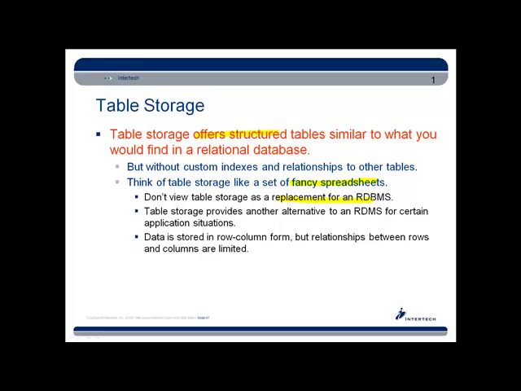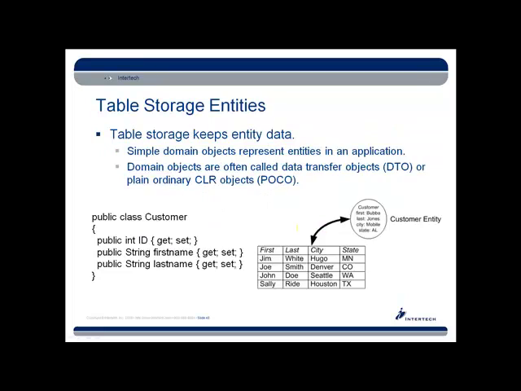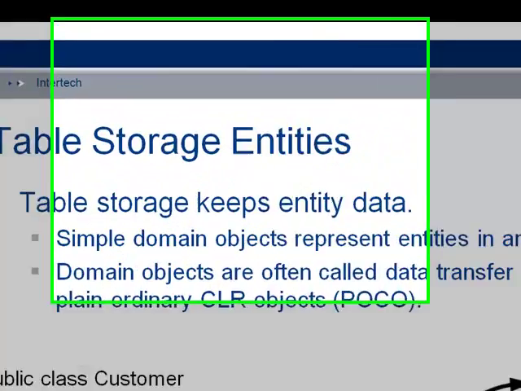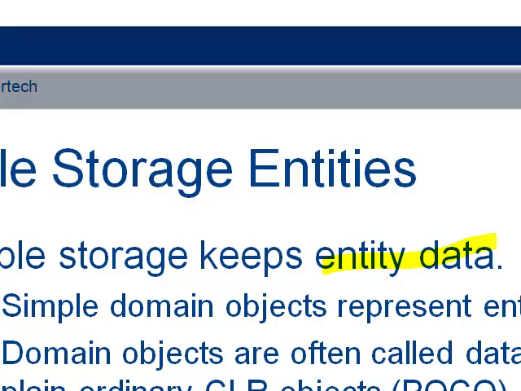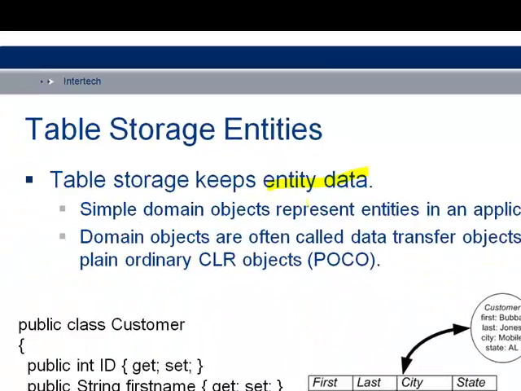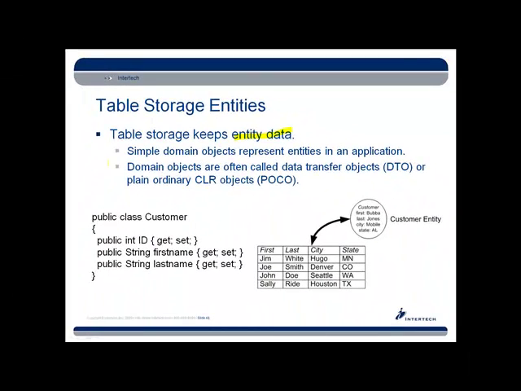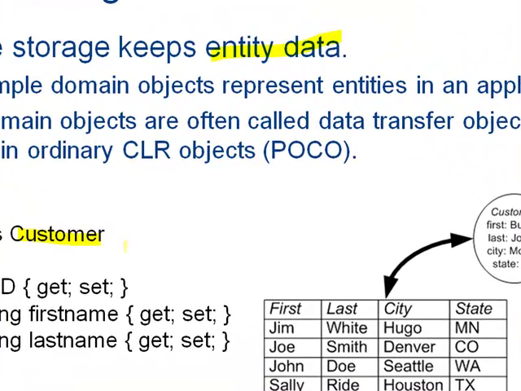So again, in table storage, we're going to find data stored in row-column form, but the relationships between rows and columns are limited. So table storage keeps what we call entity data. That is, it takes domain objects, data transfer objects, plain ordinary CLR objects, POCOs, however you want to label them, like I've got shown here in the form of a customer, and takes those objects' properties and stores them in row-column form, kind of like a fancy spreadsheet.